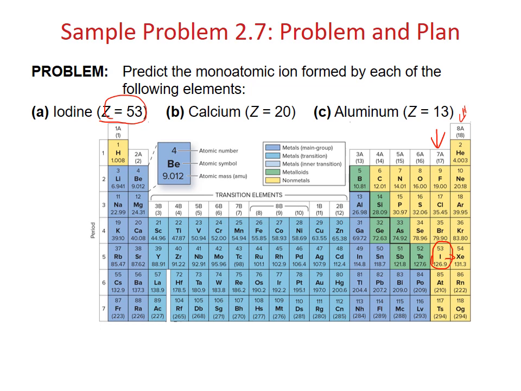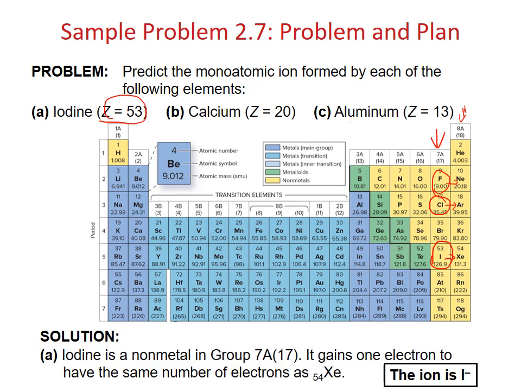So it gains an electron, just like fluorine and chlorine gain 1 electron to form neon and argon. So they are all 1 negative charge. So the prediction is you should get an iodide with 1 negative charge. That's true for all group 7 to gain an electron to form the noble gas structure.